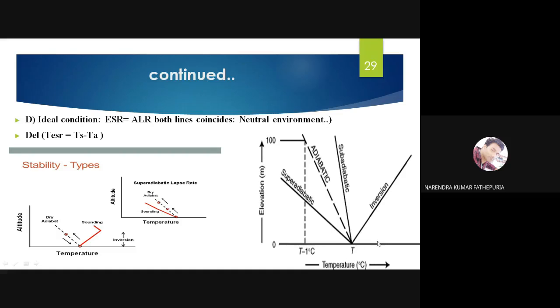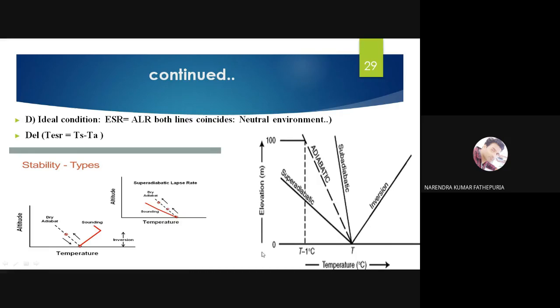So you see there, this is the temperature and this is the altitude, and this is the super adiabatic, the dotted one is the adiabatic, and inversion.